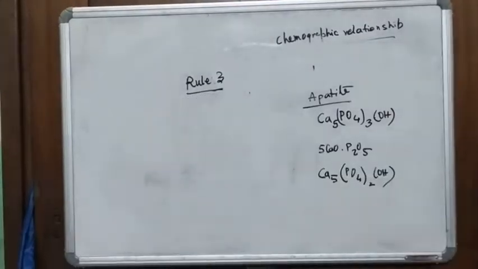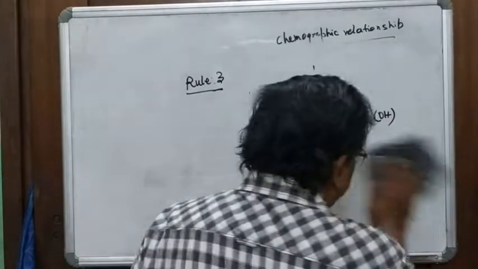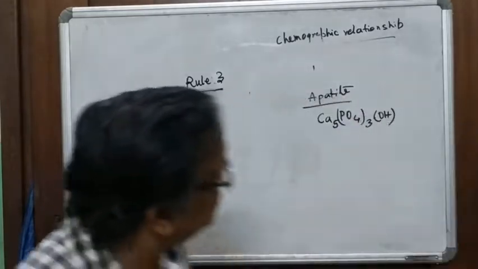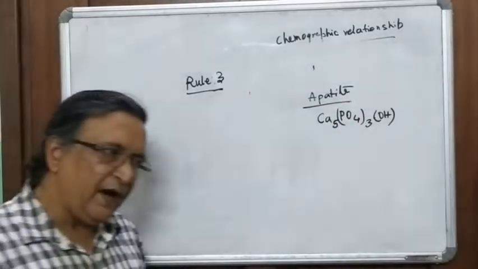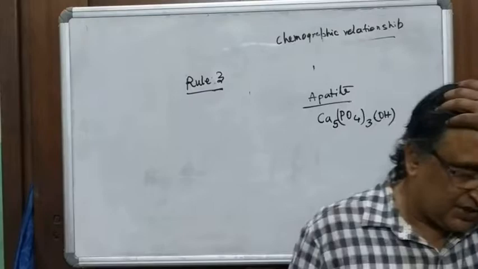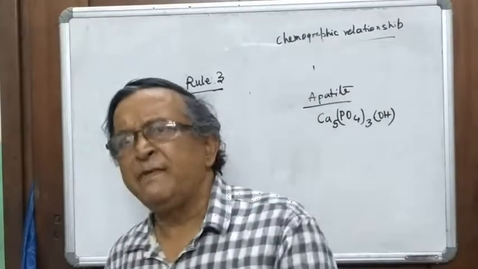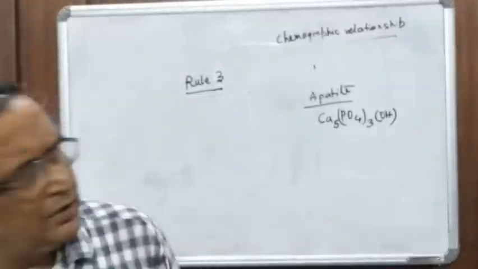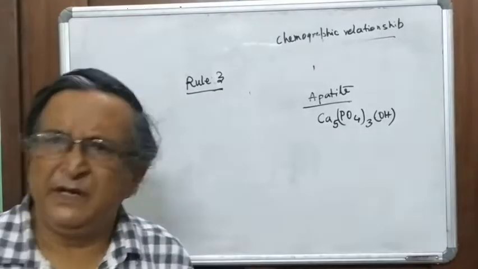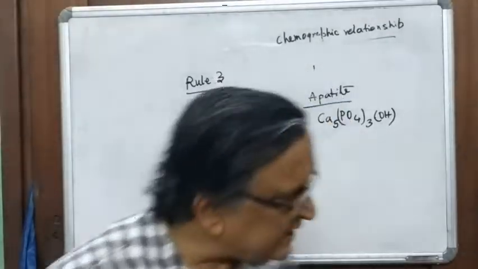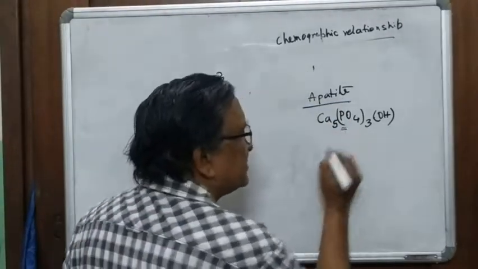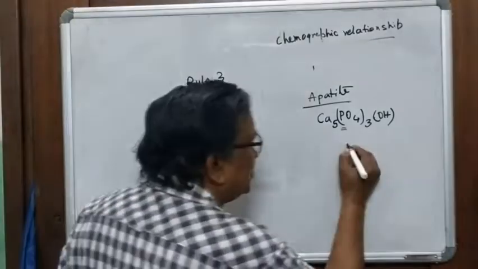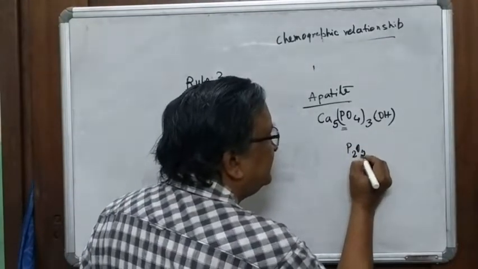Now let us come to this. If you have seen thin sections of pelitic rocks, metabasic rocks, quartzo-feldspathic rocks, apatite is very common. Apatite contains phosphorus, or P2O5.